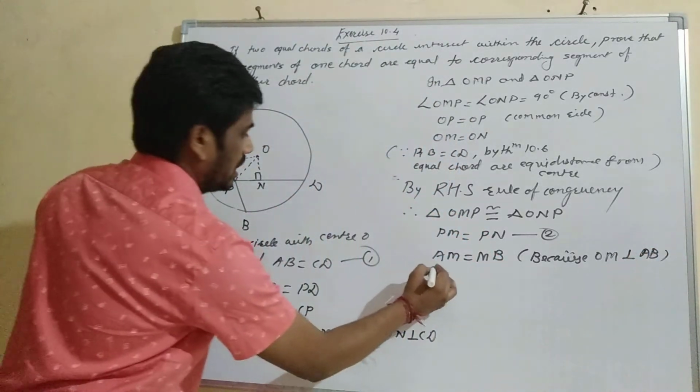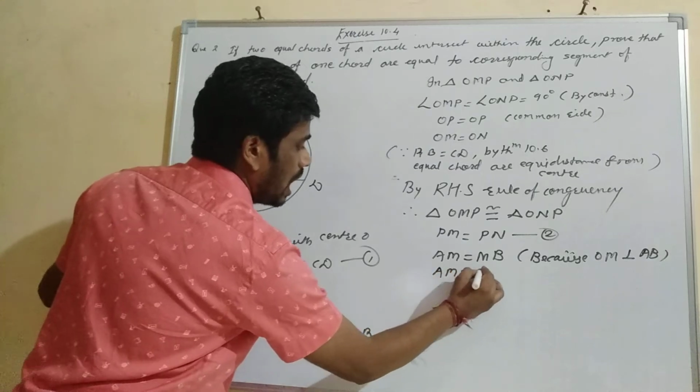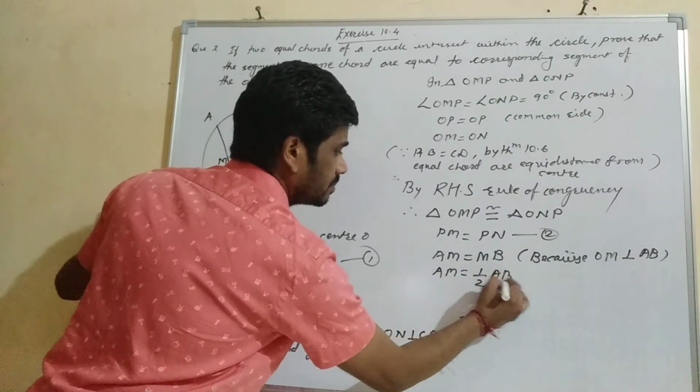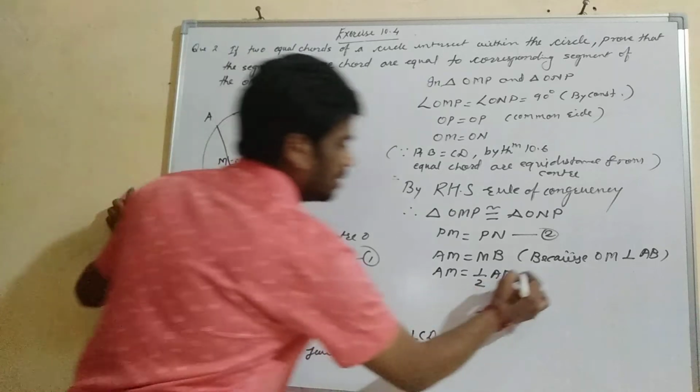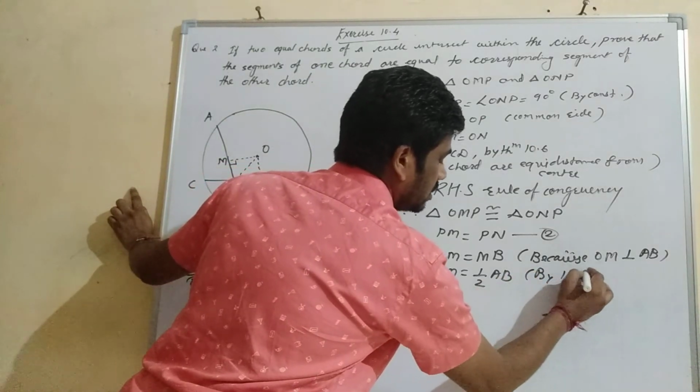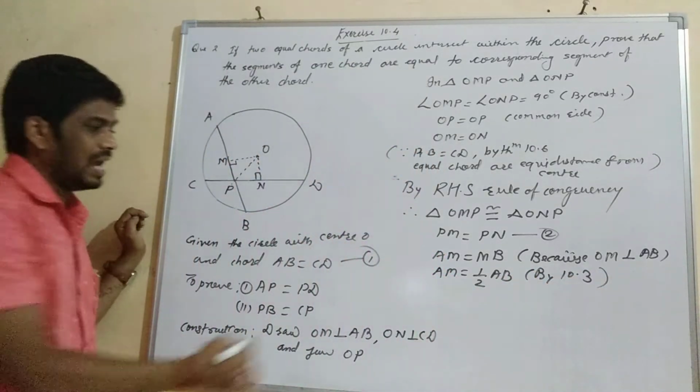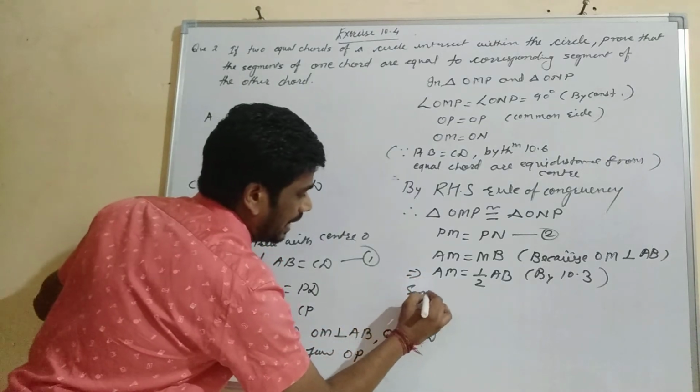Therefore, AM will be half of AB, by theorem 10.3.